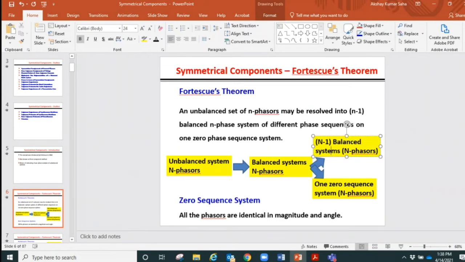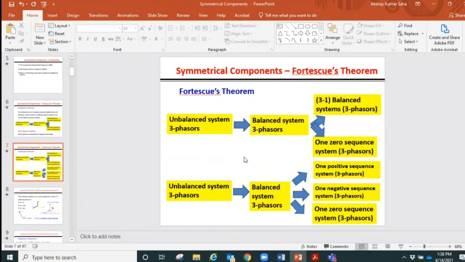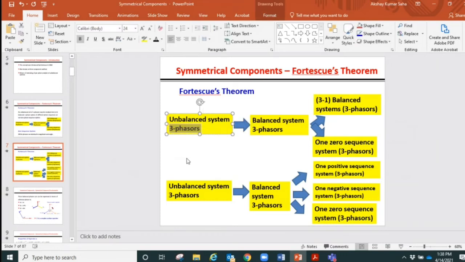For positive sequence, it will be ABC. For negative sequence, it will be ACB. Now, if we go to our three-phase system, that's what we are trying to get to. We consider a three-phase system instead of n phasors, so we have three phasors. We will get a balanced system from the unbalanced system. Three phasors will still be there, and we will get 3 minus 1, meaning two systems that are balanced.